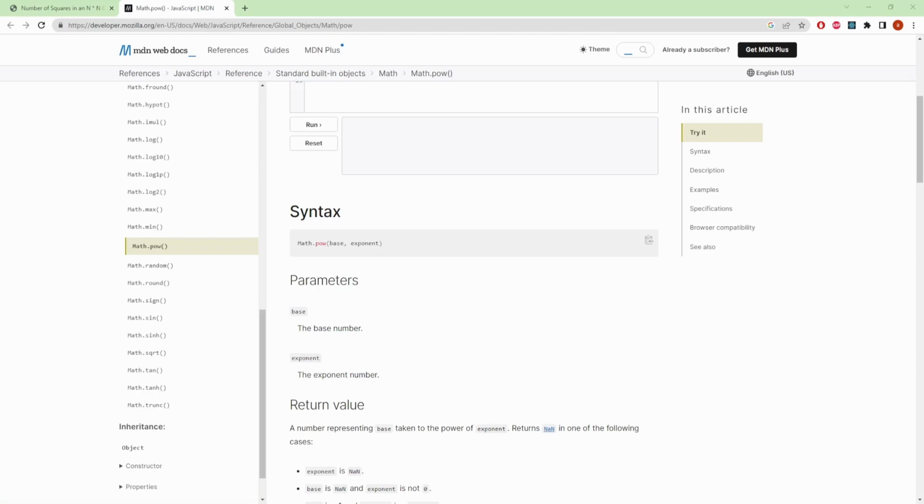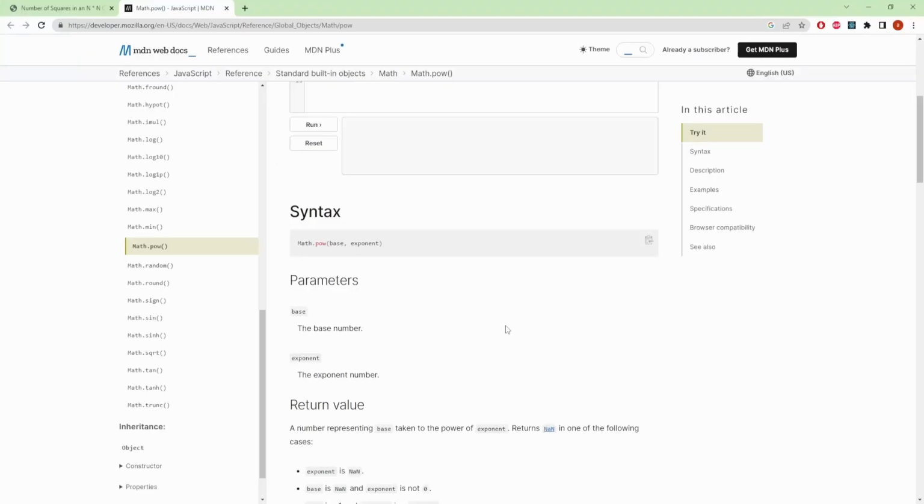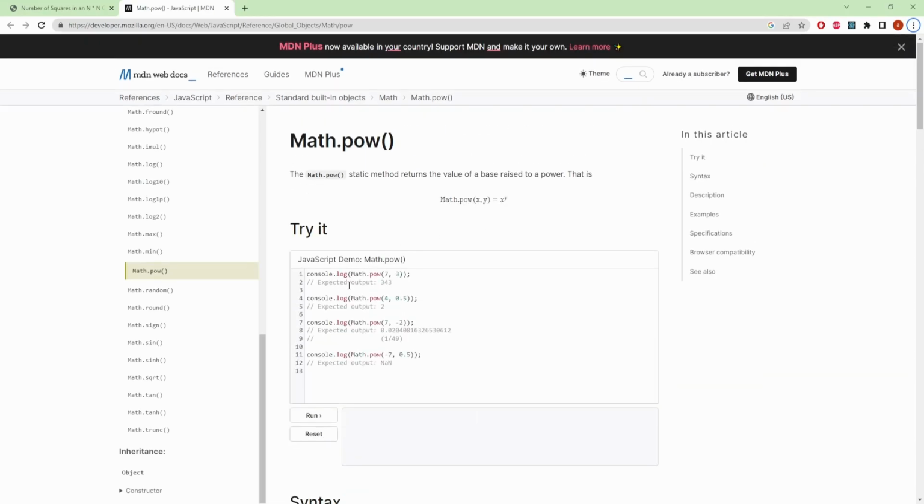So we saw from this one that our base is n, and the exponent is 2. So this is going to change with every iteration, right? The base is changing, but our exponent, 2, is the same. So we need to use this method.